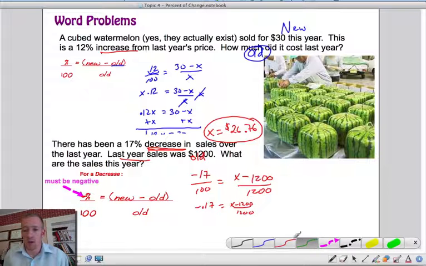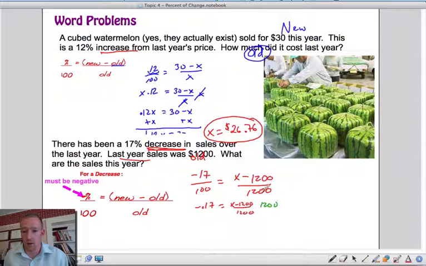We multiply both sides by 1,200 because that's the denominator here, and that cancels. That gives us 204. So I get negative 204 equals x minus 1,200. Then I just add 1,200 to both sides to isolate x.